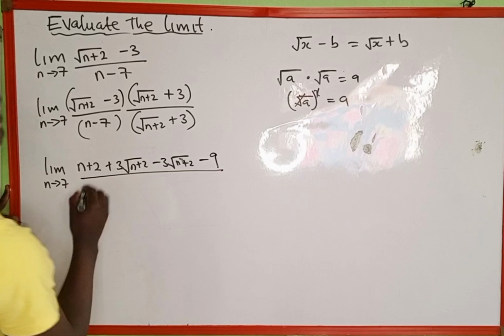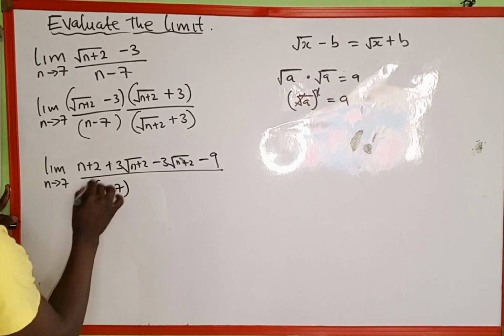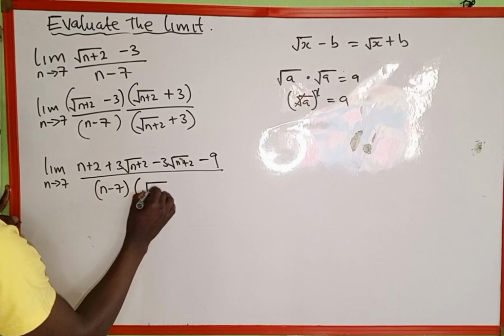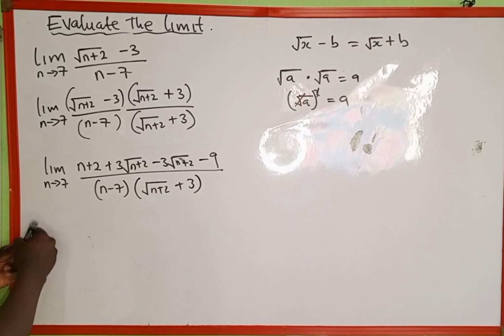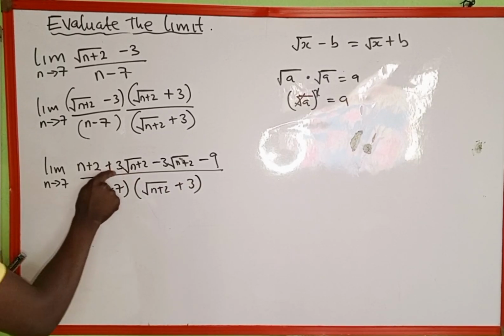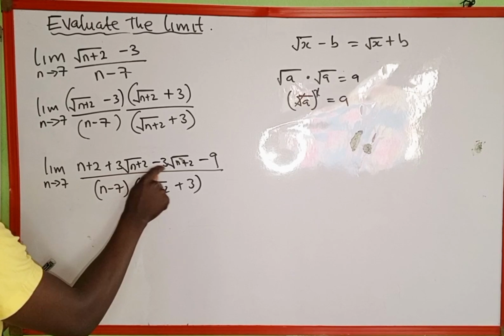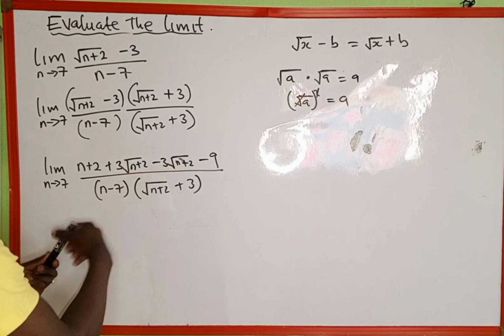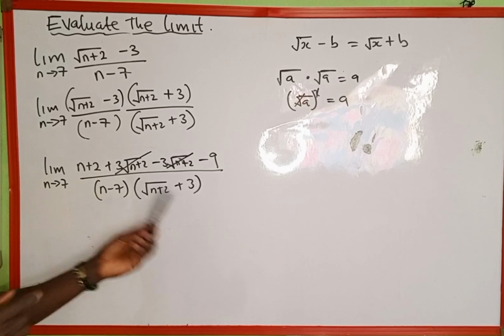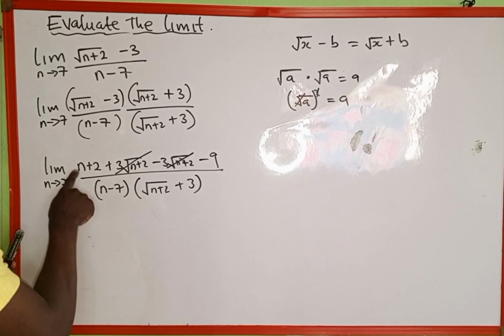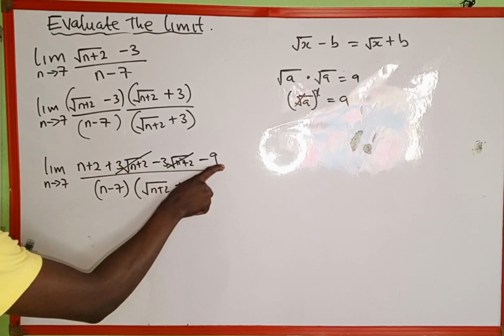Then everything all over n minus 7, multiplied by square root of n plus 2, then plus 3. So the next thing we're going to do, as you can see in the middle here, plus 3 root n plus 2, negative 3 root n plus 2, this is going to cancel because it is the same thing, positive and negative. So we are left with what? n plus 2 minus 9.